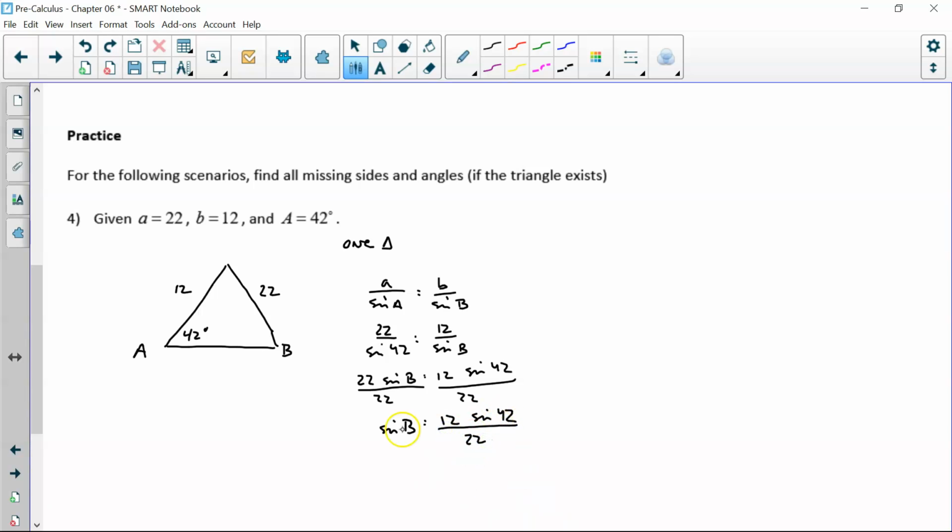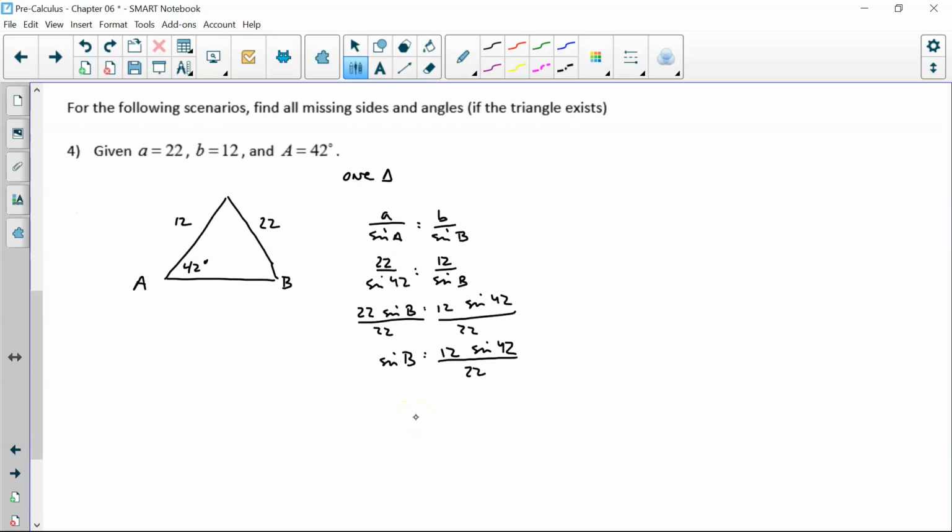Now we need to find the measure. To find the measure, we're going to take the inverse sine of both sides. So angle B is going to be the sine inverse of 12 sine 42 over 22, which is about 21.41 degrees.